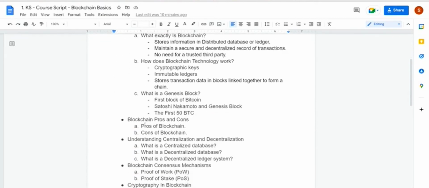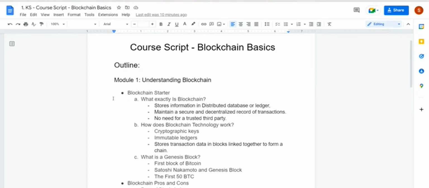So the first thing you will set out is two modules. What will be the modules? You can set them in your own way to structure it, but there will be two modules. For this course, blockchain basics, in the first module we have put understanding blockchain.